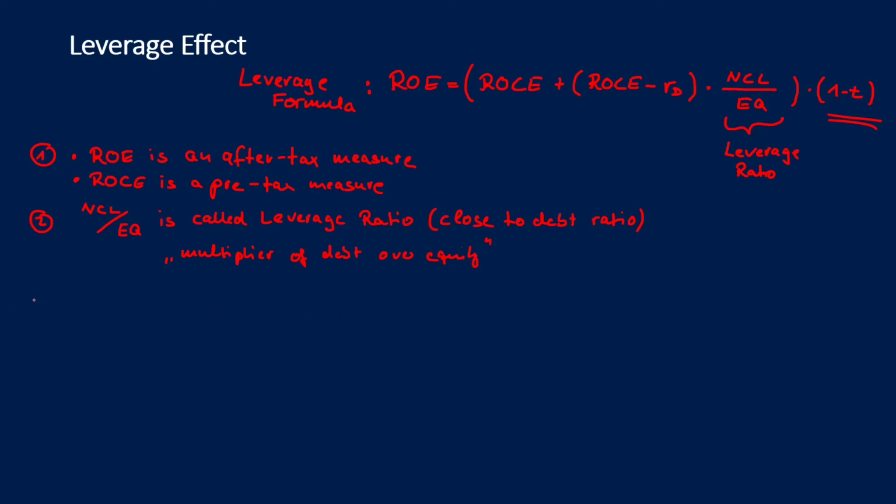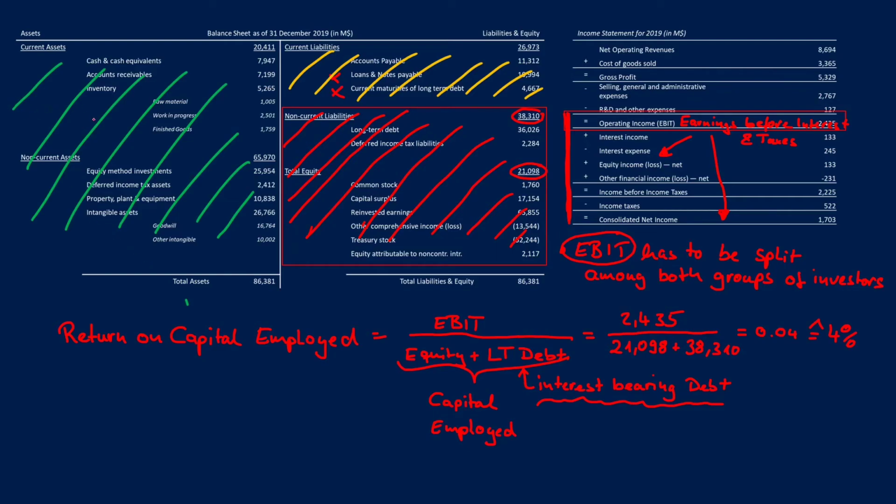The third thing is this part of the formula. There's some kind of margin. The margin rho C minus the interest rate. So the rho C, we just have seen that the rho C is the return of all the assets minus the short-term debt.